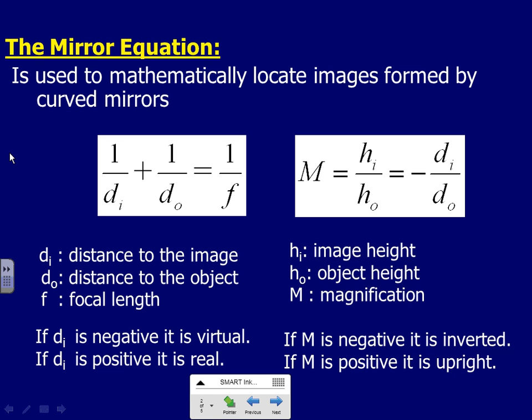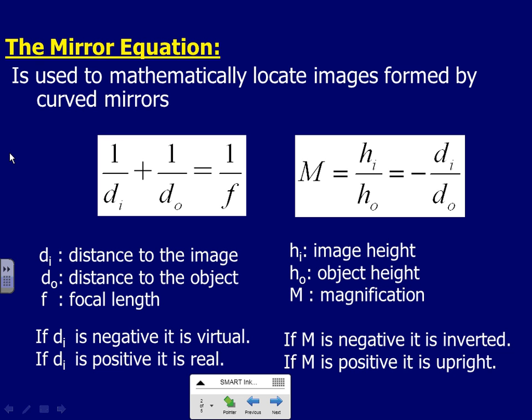You can get these equations mathematically, right from the geometry of the ray diagram. I'm not going to make you guys do that. You don't have enough practice in math. It's a little complicated, not a big deal, but you don't have to worry about that.